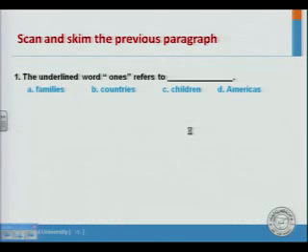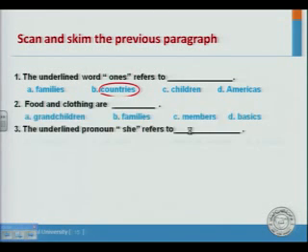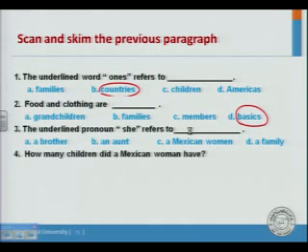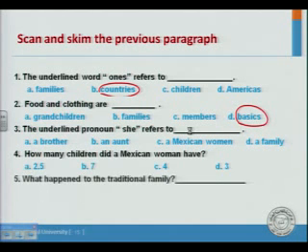The first one: the underlined word "ones" refers to... I think it's "country." If you read it in detail, you will find the country. And the food and the clothing are basics. Number 4: how many children did a Mexican woman have?